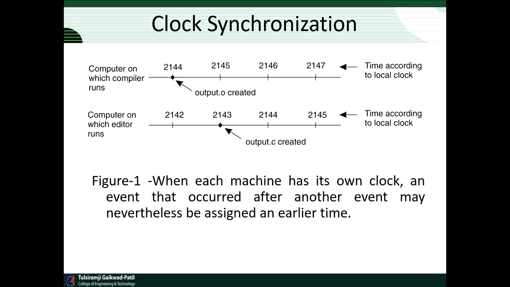Now imagine what would happen in a distributed system in which there was no global agreement on time. Suppose that output.o has time 2144 as given above, and shortly thereafter output.c is modified, but its assigned time is 2143 because the clock on its machine is slightly behind, as shown in the given figure, where each machine has its own clock, and an event that occurs after another event may nevertheless be assigned an earlier time.